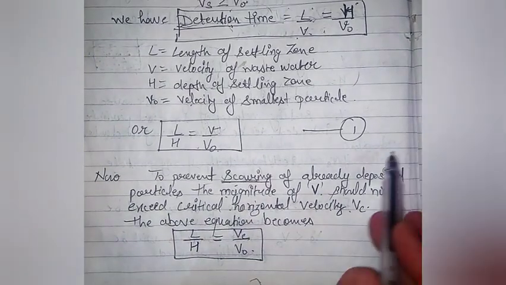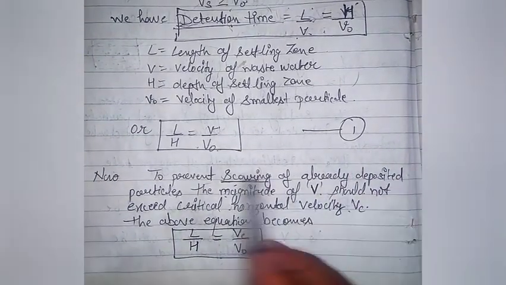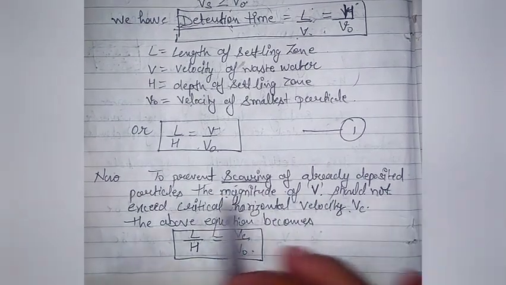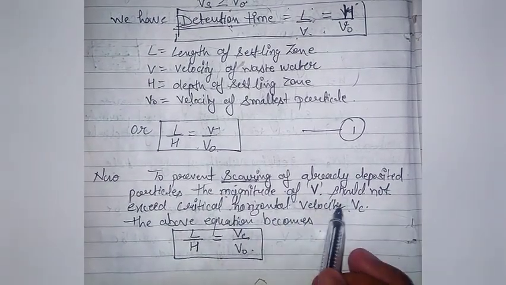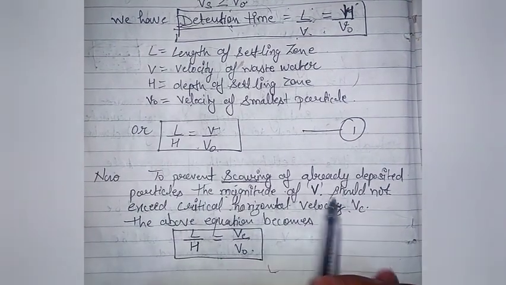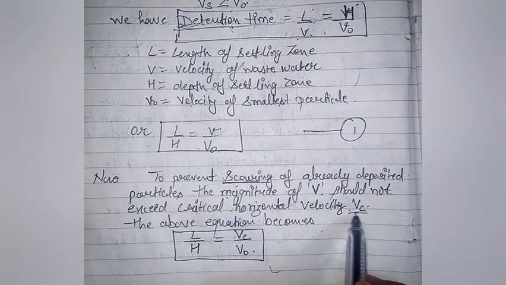To prevent scouring of already deposited particles, the magnitude of V should not exceed the critical horizontal velocity. Here comes a new term, the critical horizontal velocity, which is represented by Vc.